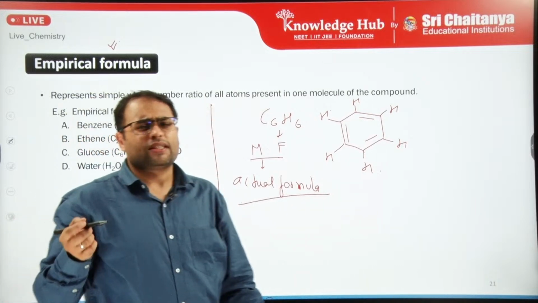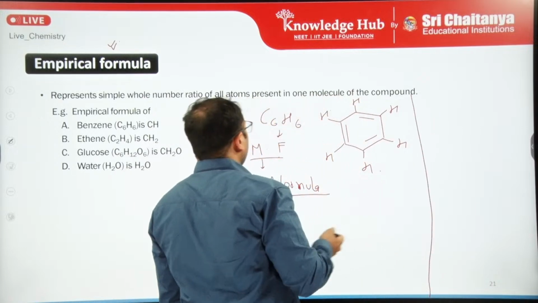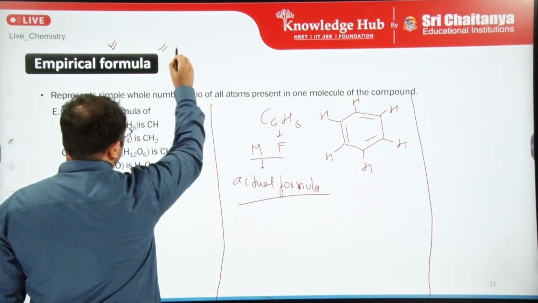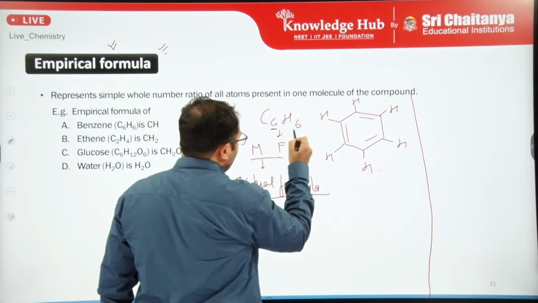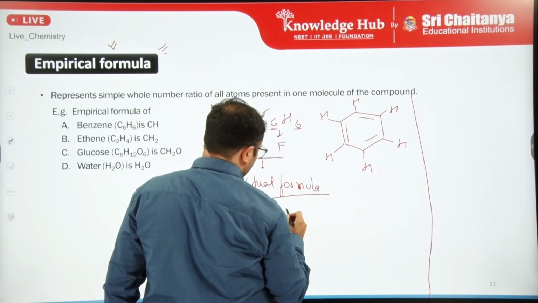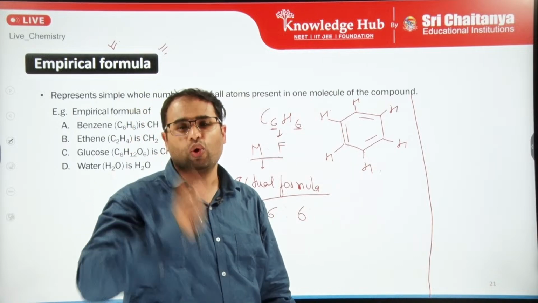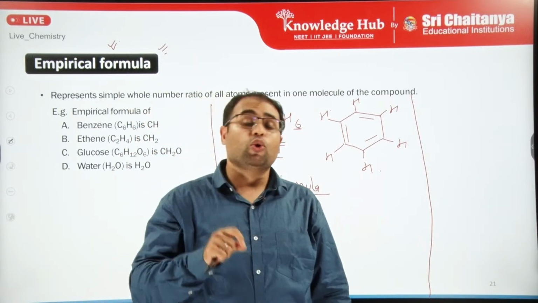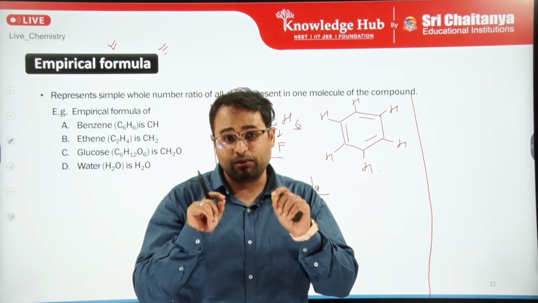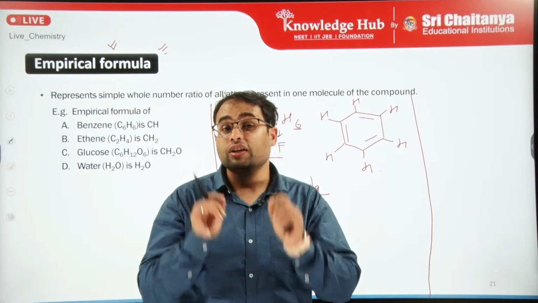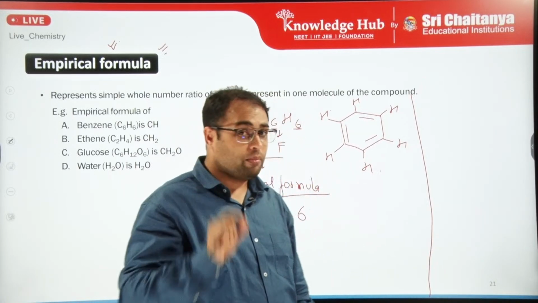Now, from this, I can get another formula which is called the empirical formula. What is the empirical formula? You have this carbon and hydrogen 6:6 ratio. Simplify this ratio to the simplest whole number, means simplify it to whole numbers where you cannot simplify it further. Remember, I am saying whole numbers, not fractions, not decimals. Only whole numbers will work.